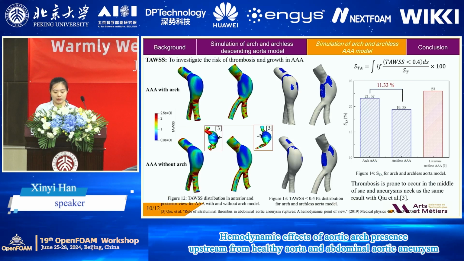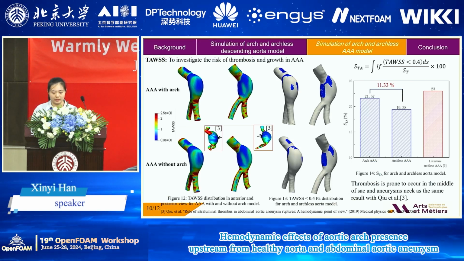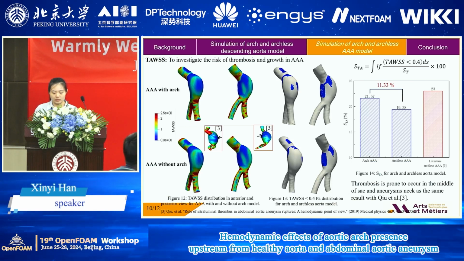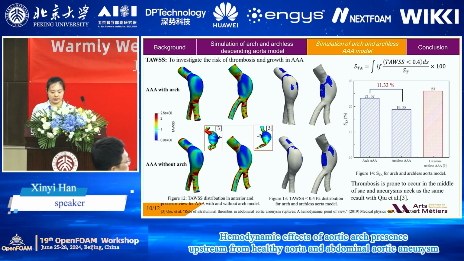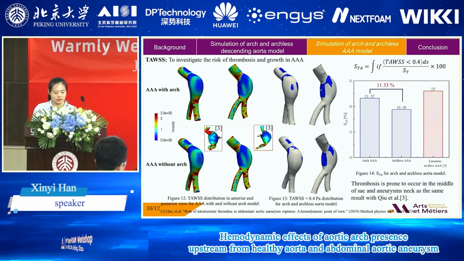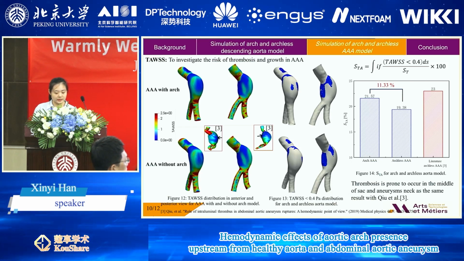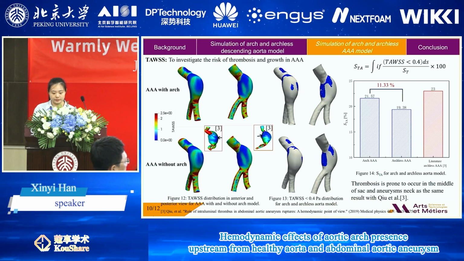The low time average wall shear stress distribution is also shown in the figure, and the region of low time average wall shear stress percentage are 21% in arch model and 19% in archless model.